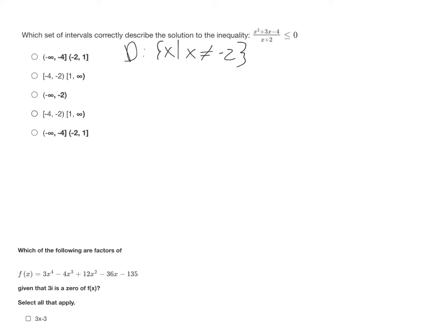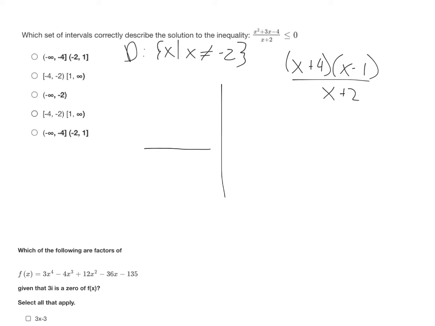The other places where we could change would be at the x-intercepts, and so to find those I need to factor the numerator. So it's going to be x plus 4, x minus 1. And so I have two x-intercepts, -4 and +1, and so those are also places that my graph could switch sides of the x-axis.